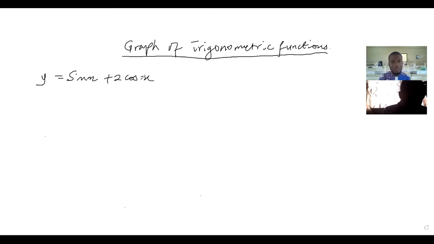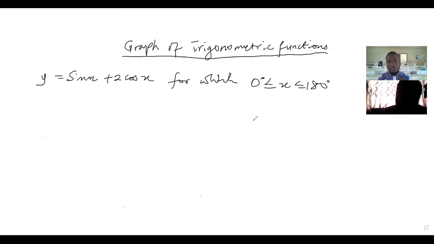For which 0 degrees is less than or equal to x, less than or equal to 180 degrees, at intervals of 20 degrees.